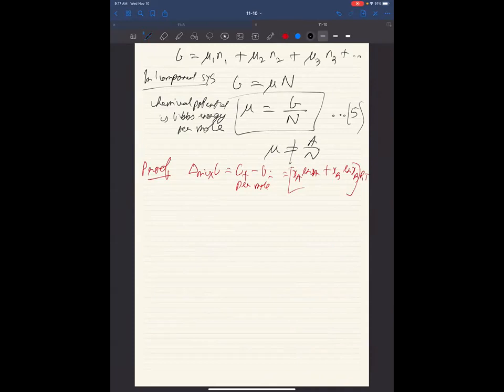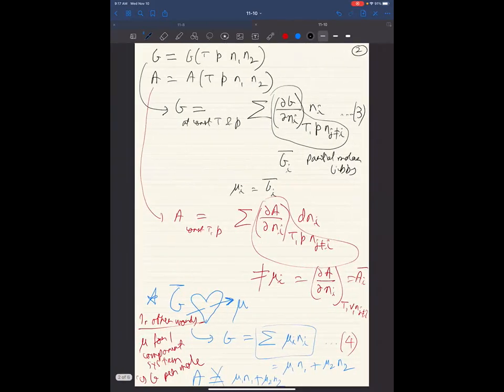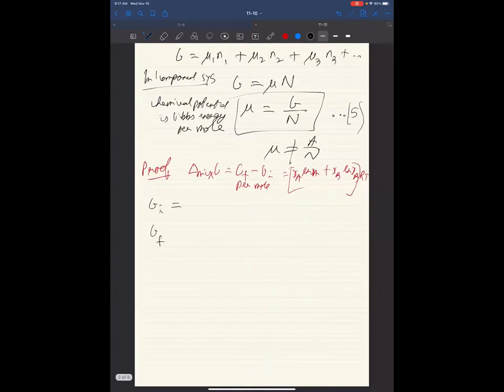In order to do this, we have to think about G initial and G final separately. Let's use equation 4 to write down G initial. Equation 4 says that G is the summation of mu_i n_i, right? So we can write it down as mu_A N_A plus mu_B N_B. G final, after mixing: how many moles of A do we have?